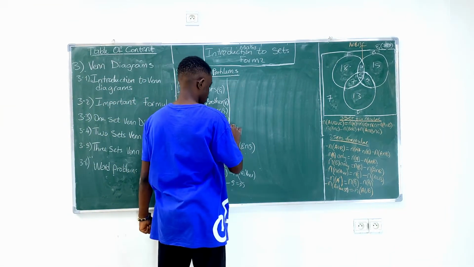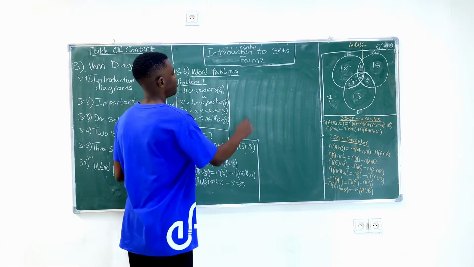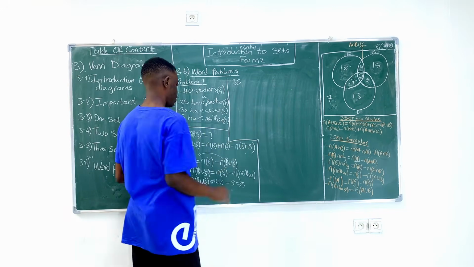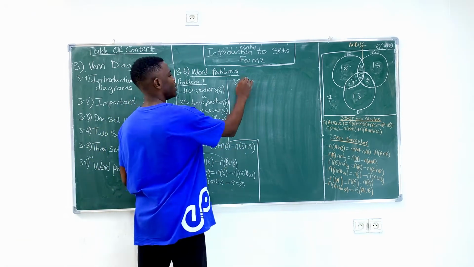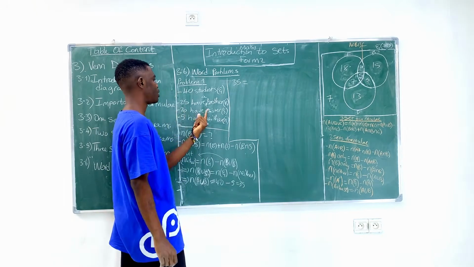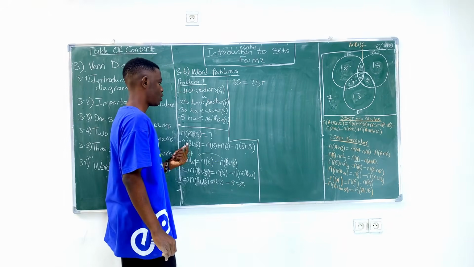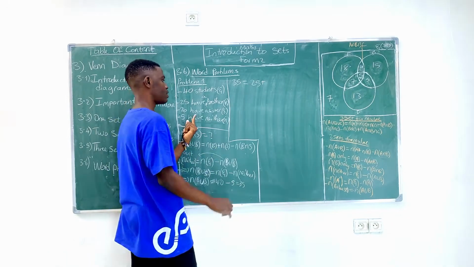Which means now we have 35 is equal to n of B, the number of B, which is 25, plus n of S, the number of S, which is 20.